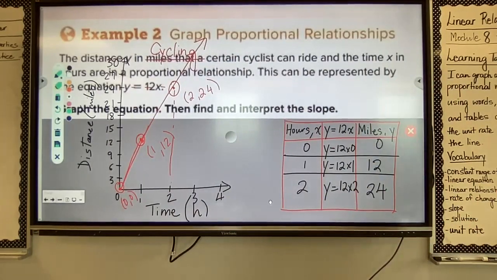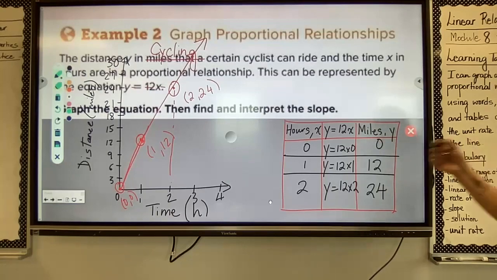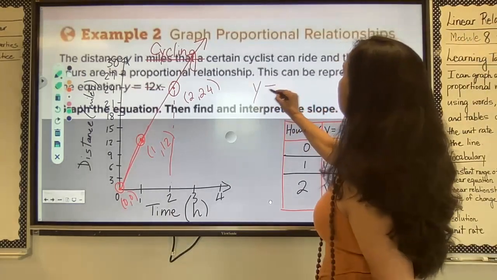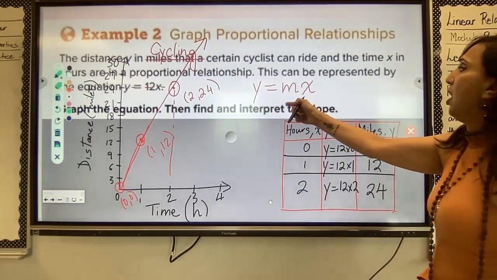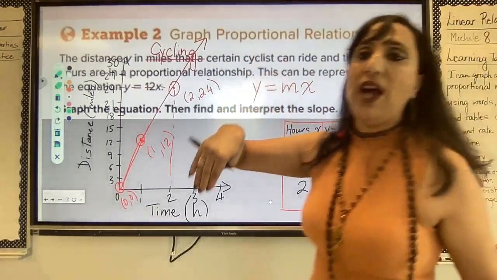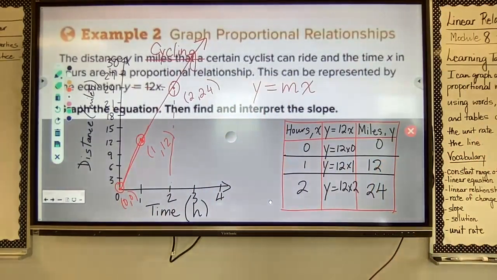And then what we're going to do is the interpretation of the slope. In the equation of a proportional linear relationship, y is equal to mx, or m, which is the slope, is y over x. So m represents the unit rate or slope.